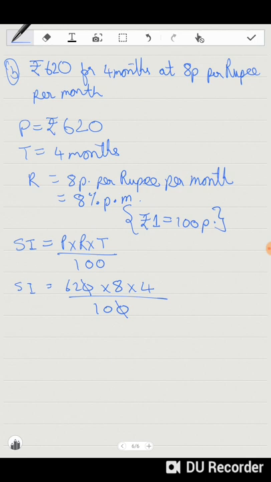But then that will lead you to a little complicated division where you'll have to divide the numerator with 5. Rather, just multiply whatever you have in the numerator and divide by 10 by putting a decimal. So if I see 62 into 8 into 2, oh sorry, into 4, my bad.